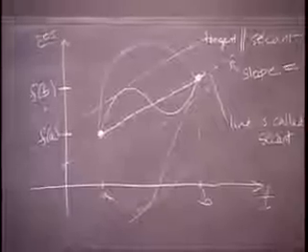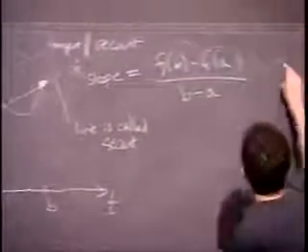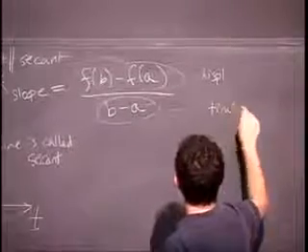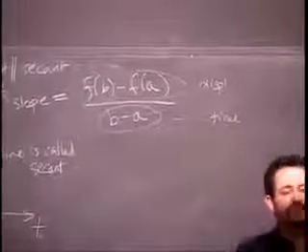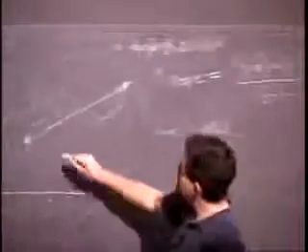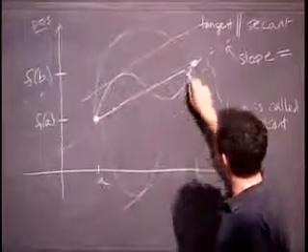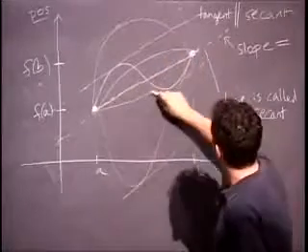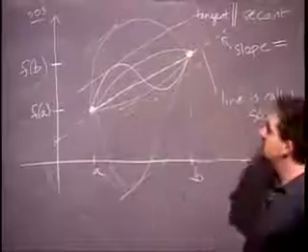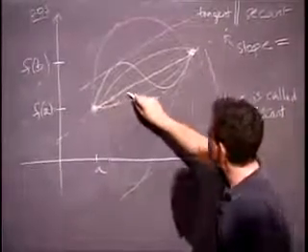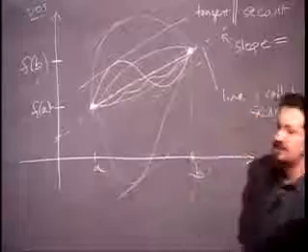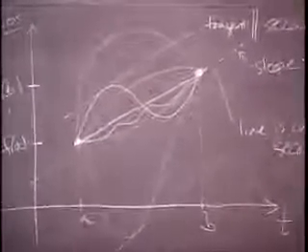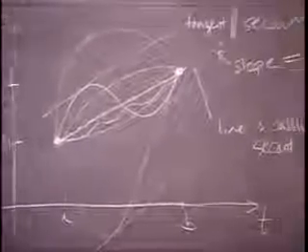And this b minus a is the time that it's taken. And if you prefer to think in distance, then you're just not allowed to backtrack. Your function cannot actually look like this. It might look like this, for example, or it could look like this, as long as it's always increasing. Or it could have little wobbles like this. Okay? So the idea is that this is your total distance over your total time. Guess what? That's your average speed.